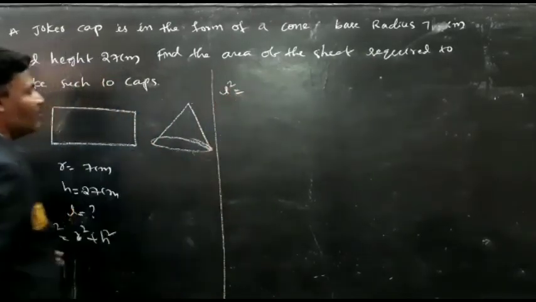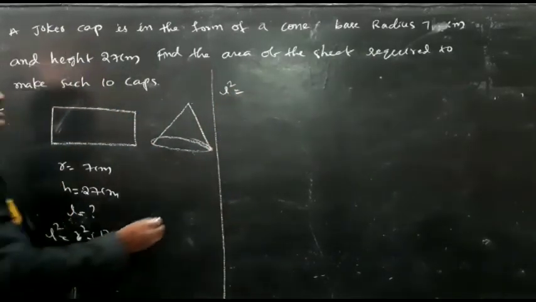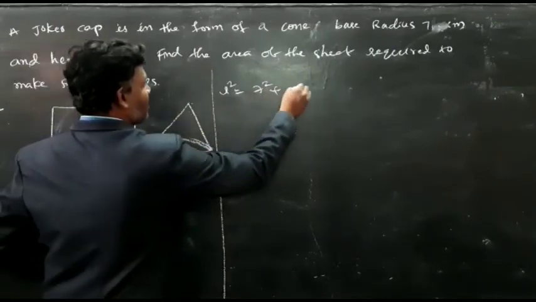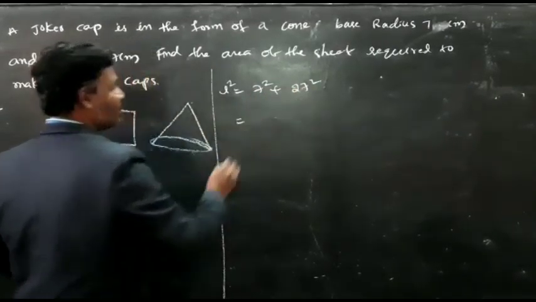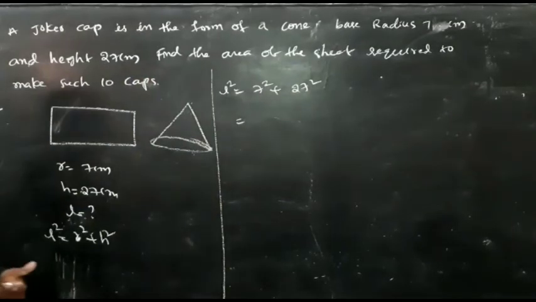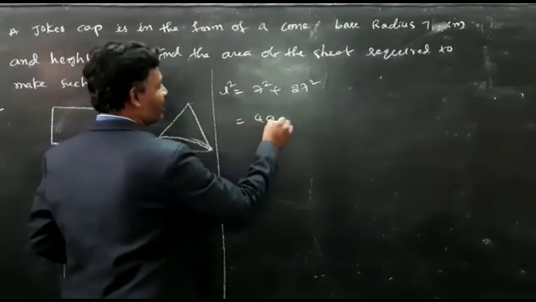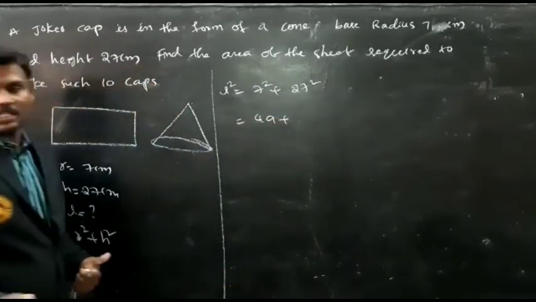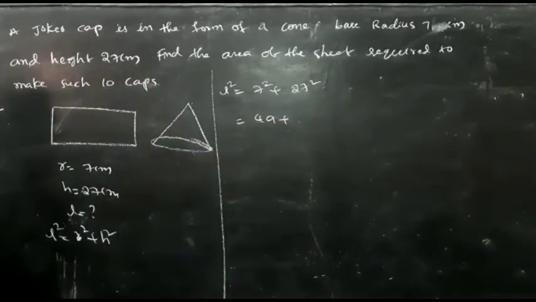L square is equal to, what is the value of the radius here? 7 square, plus height is nothing but 27 square. So L square is equal to 7 square plus 27 square. So 7 square means 49, plus 27 whole square is nothing but 729.